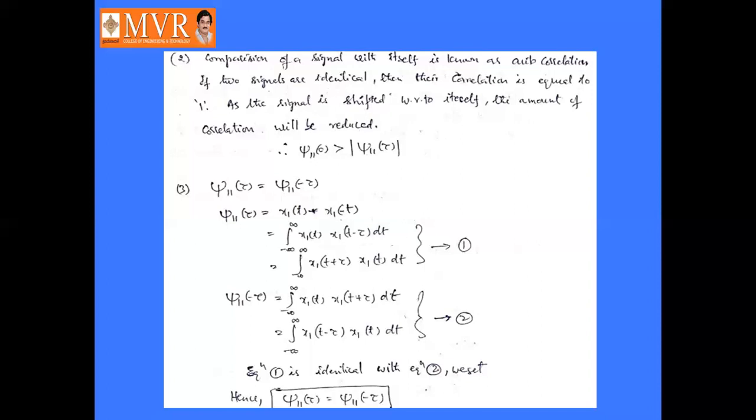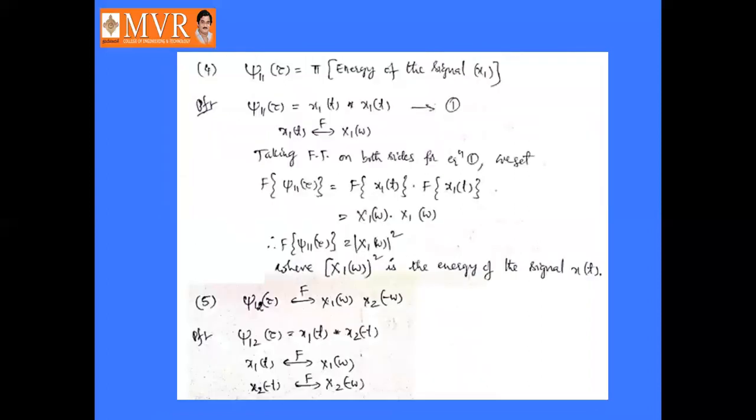Similarly, J11 of minus tau is the integral of x1 of t into x1 of t plus tau dt, or we can write this as the integral of x1 of t minus tau into x1 of t, that is equation number 2. By comparing these two equations, both are identical. Hence J11 of tau is equal to J11 of minus tau. That is the third property.